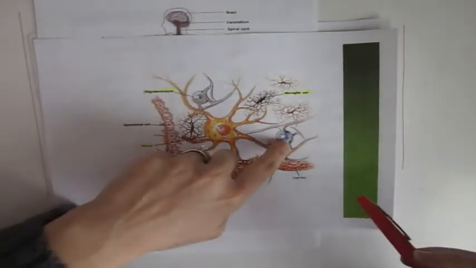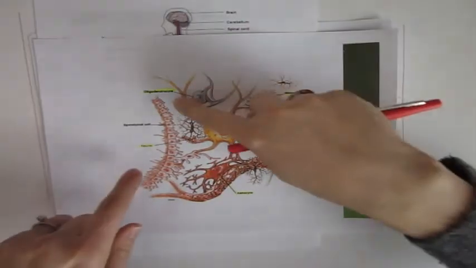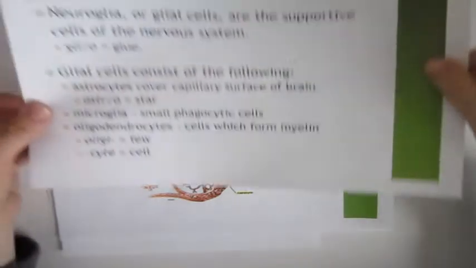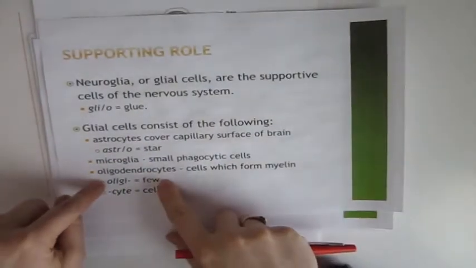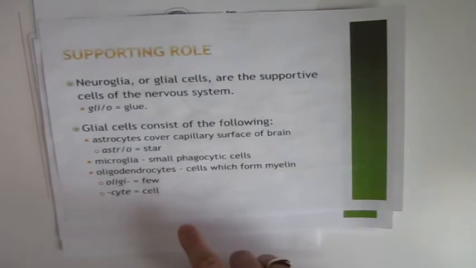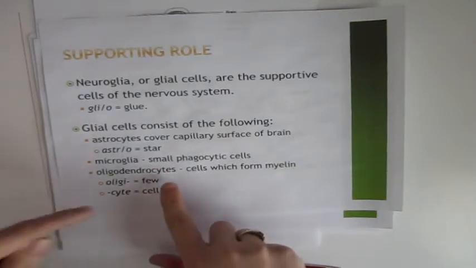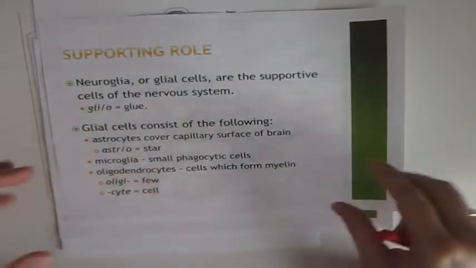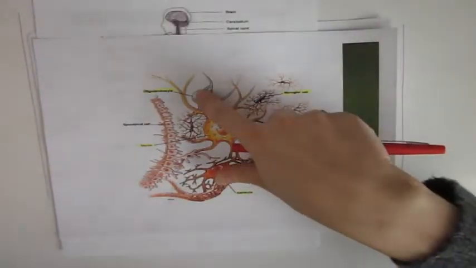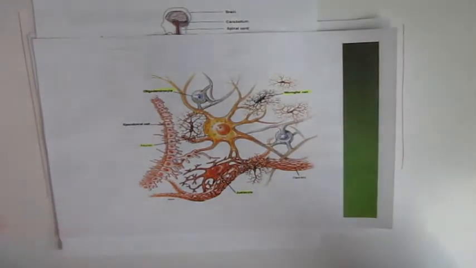Oligodendrocytes, okay, oligo means few. Oligo, if we remember, means few. Dendro, we just learned, means dendrite, and cyte means cell, so it's got few dendrites basically. See, it doesn't have very many appendages coming from it.